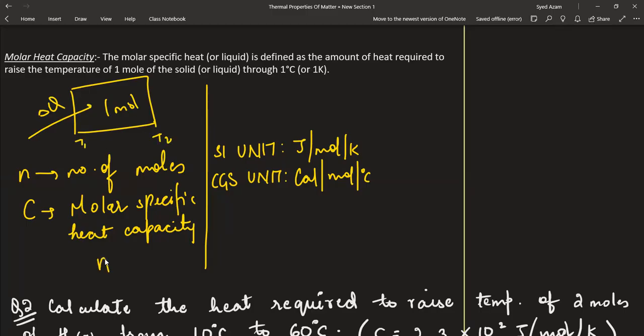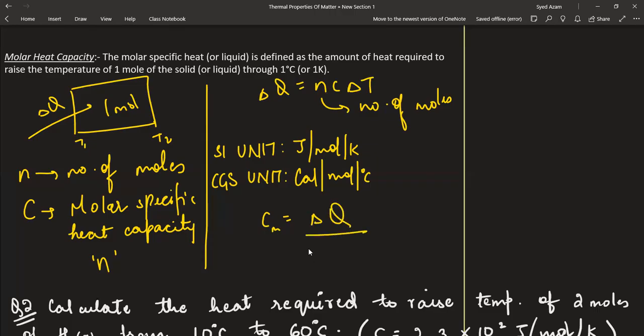So here the number of moles will be used. So the formula will be delta Q is equal to NC delta T, where N is the number of moles. So the formula of molar specific heat will be C is equal to delta Q by N delta T. So this is joules per mole per Kelvin.